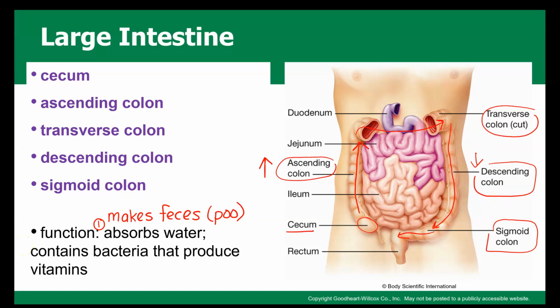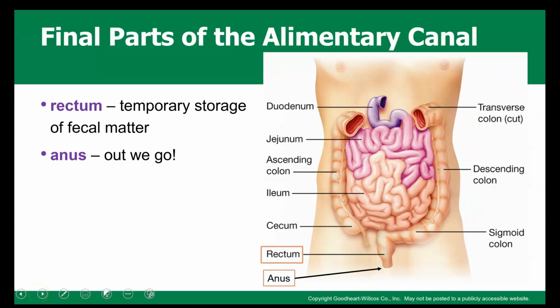So instead of having solid fecal matter, you end up with watery fecal matter. And then the large intestine also contains bacteria that produce vitamins. Those are some of your beneficial bacteria that you hear a lot about in terms of colon health. So large intestine absorbs water, makes feces, and there's bacteria in there that make some vitamins.